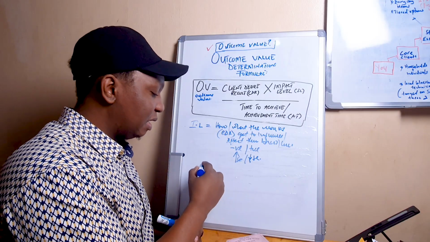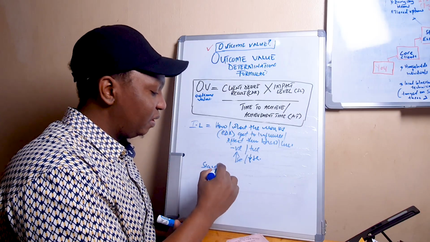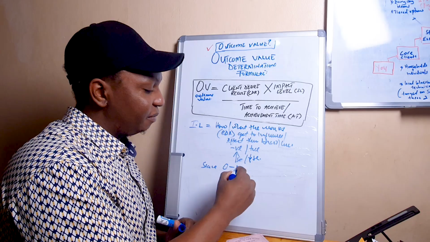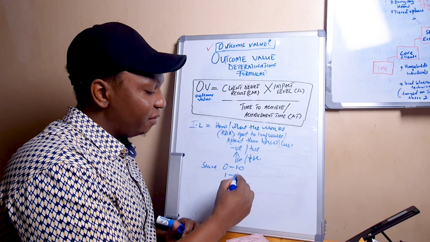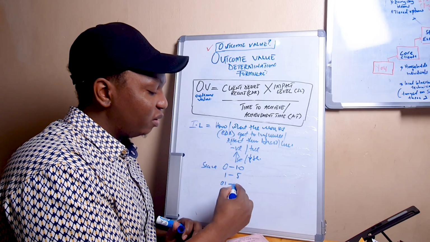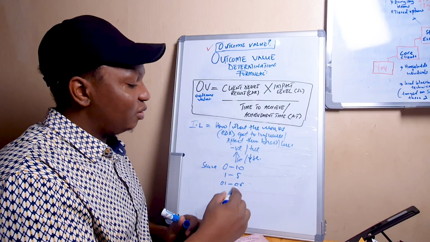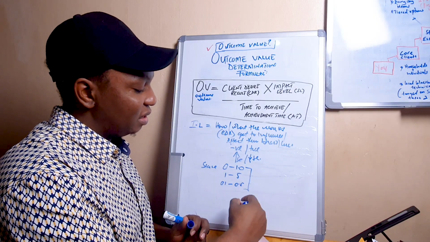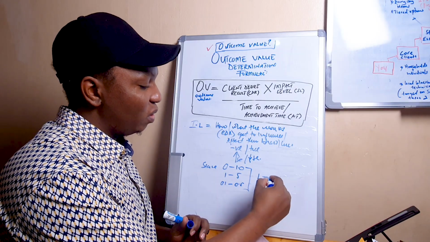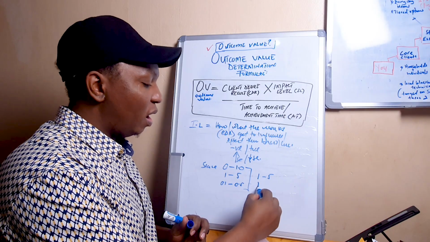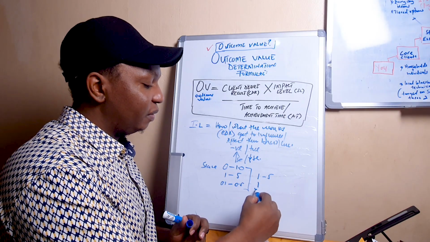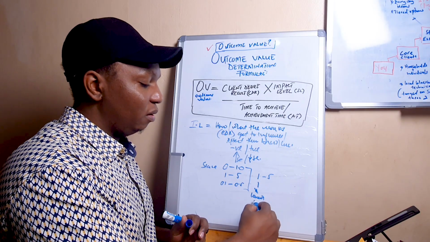Usually I like to use a scale kind of rating, maybe from 0 to 10, or from 1 to 5, or from 0.1 to 0.5. If you're to go with any of these, I'm going to focus on 1 to 5. Say 1 would be lowest impact.